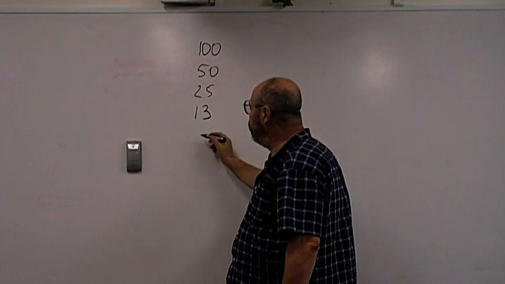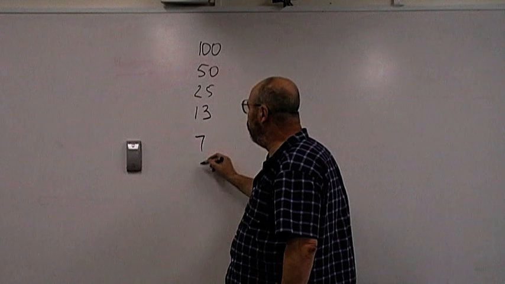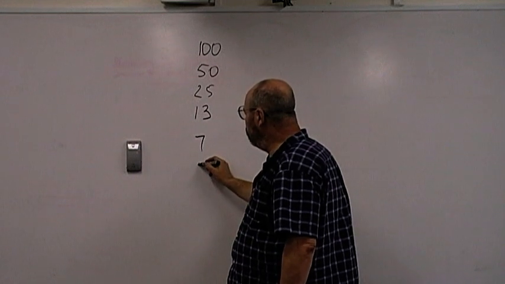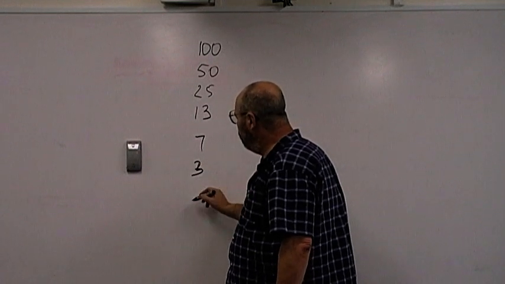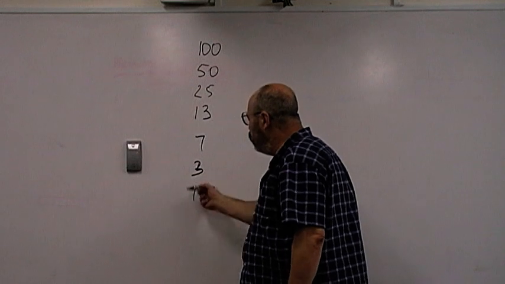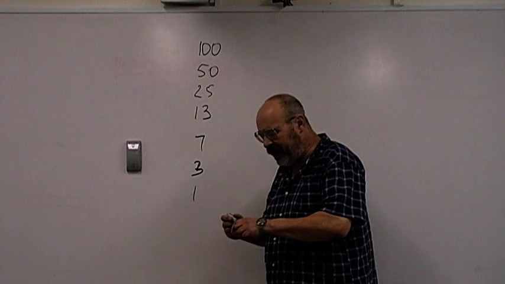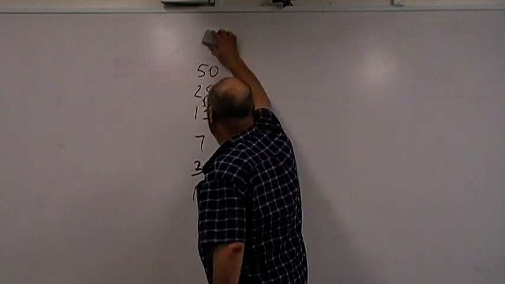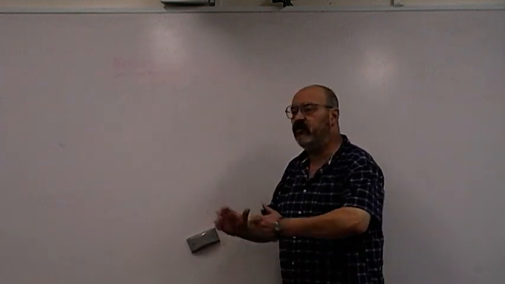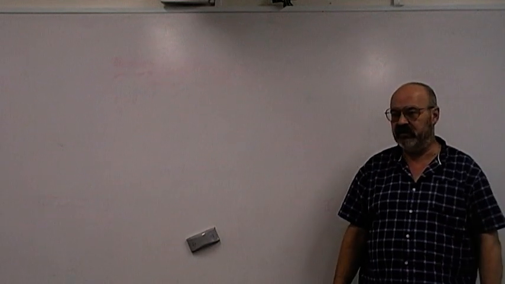Then half of that, 6 or 7, let's say 7. Half of that, let's say 3. Half of that, 1. But we don't know when the last one decays. So we can estimate realistically, usually, how long it takes for half of the material to decay.